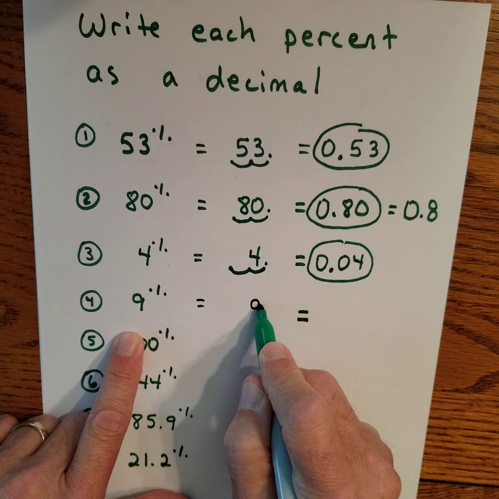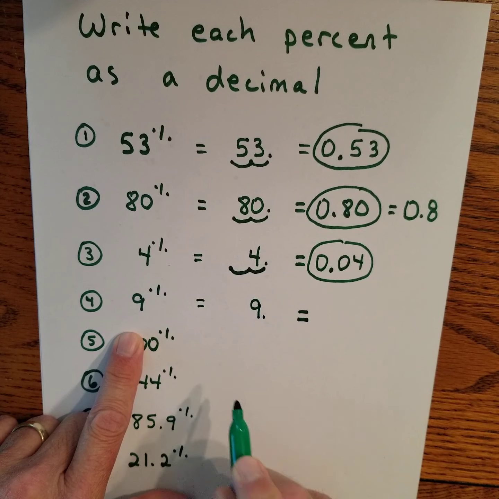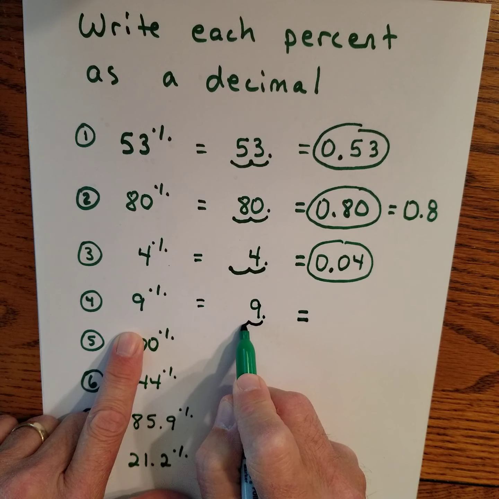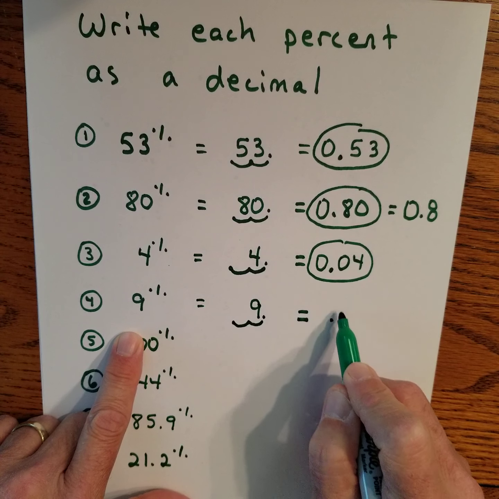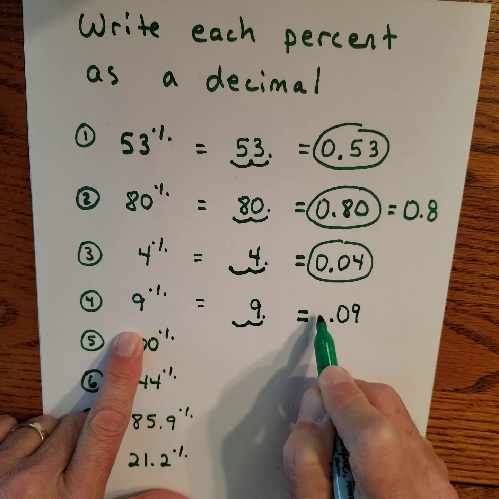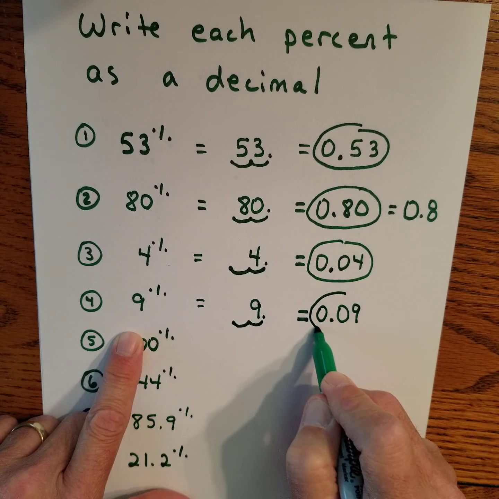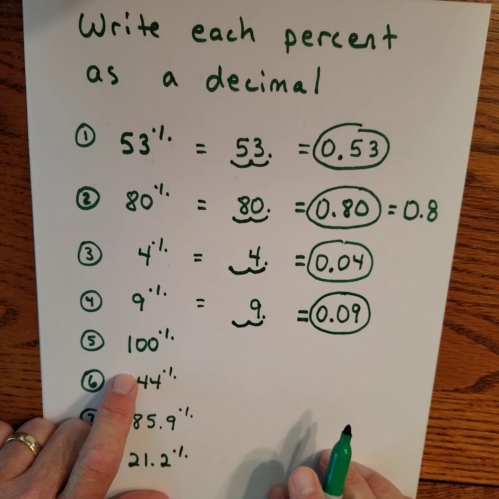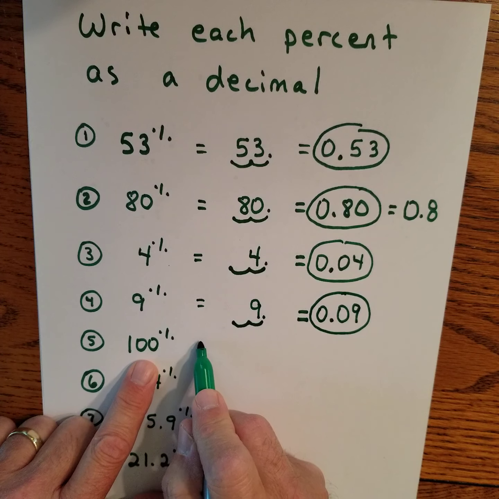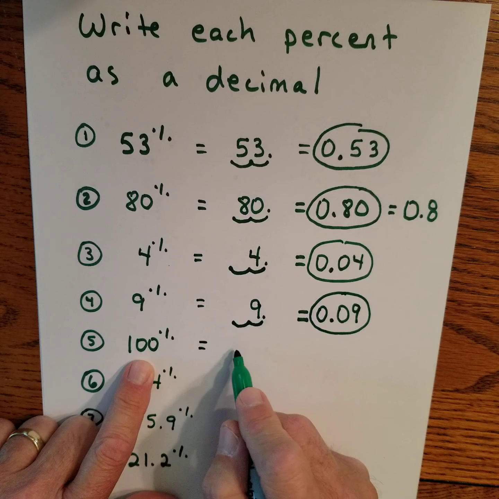Why? Well, 9%, the decimal point starts there. We move it 2 spots to the left. That leaves room for a 0 between the decimal point and the 9. This one's kind of strange. 100%.